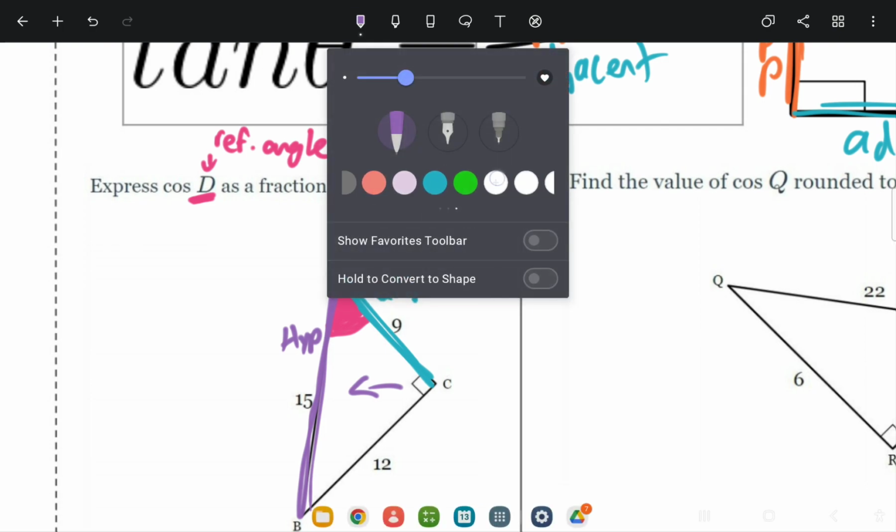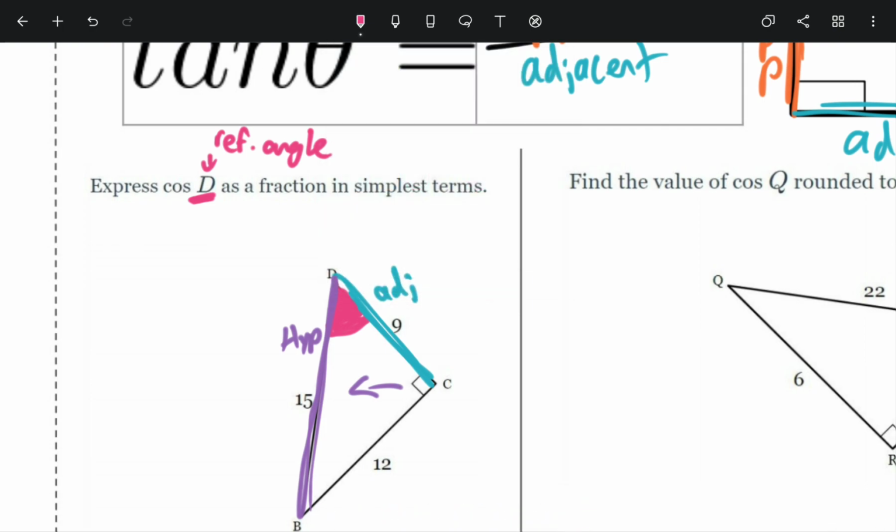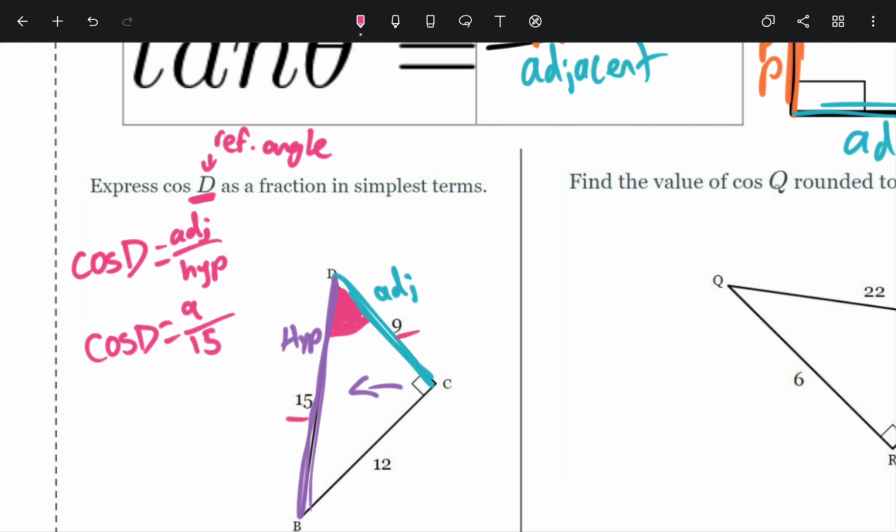So we could say that cosine of angle D is equal to adjacent over hypotenuse, which is 9 divided by 15. Now, we can reduce this, and Delta Math does want us to reduce this.